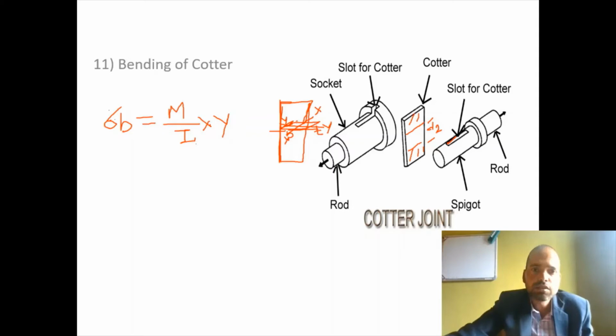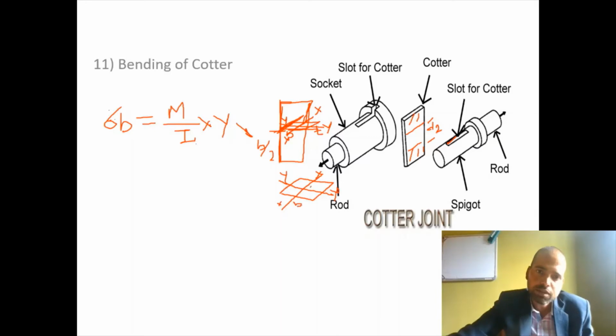Hence what is the distance y? What is the extreme fiber? With respect to this xx, b by 2 will be the extreme fiber. Hence y will be equal to b by 2, right? So for the cross section, I will draw it again. These are the two axes, xx and yy.